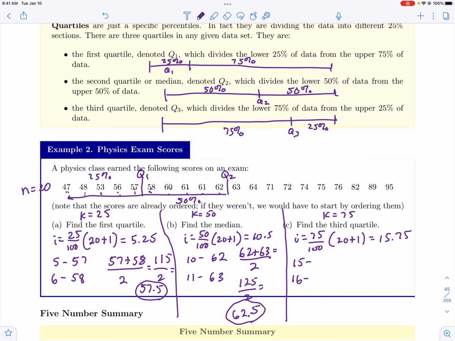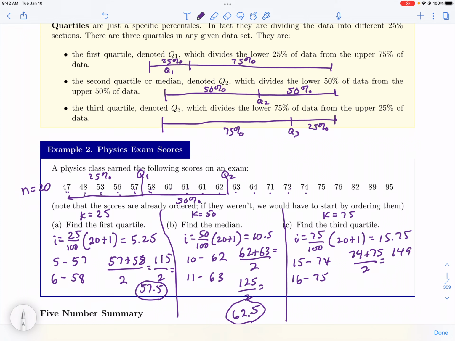And figure out where each of these are position-wise. So we know 62 was 10, so 63 is 11, 12, 13, 14, 15. So 74 is going to be our 15th number, and then our 16th number is going to be 75. So again, average these together.